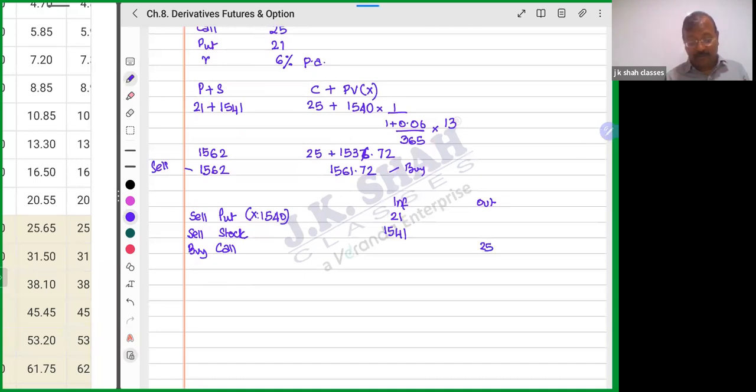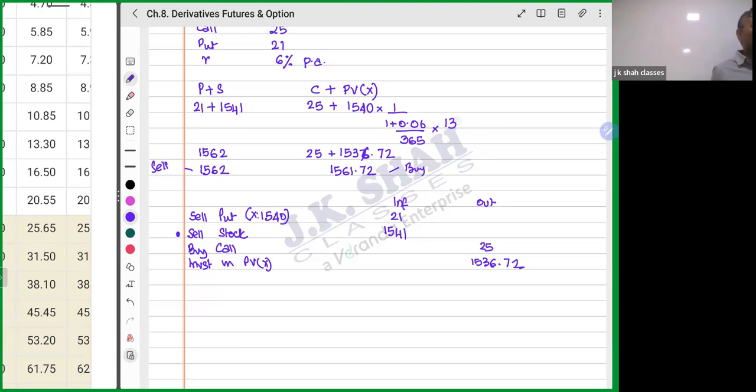And remember you have sold the stock, so invest in PV of X, that is 1536.72, and then you go about this arbitrage. Now understand why I'm showing you this: I'll give you one sum at least as homework today, but you can just pick up any data. All you have to do is presume the R.